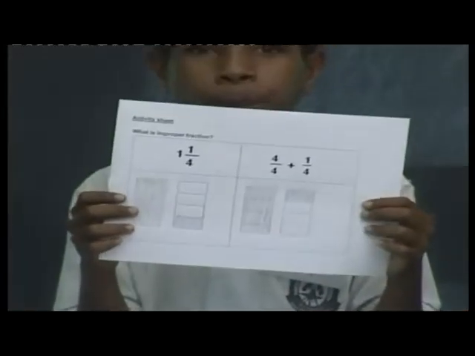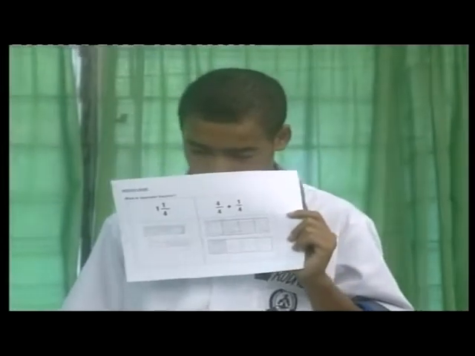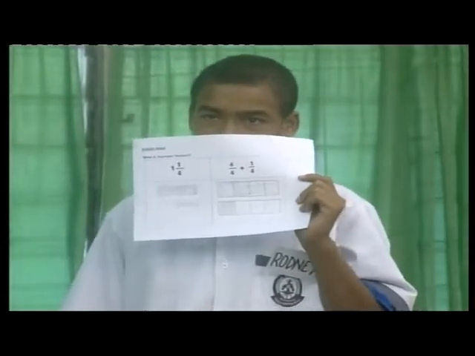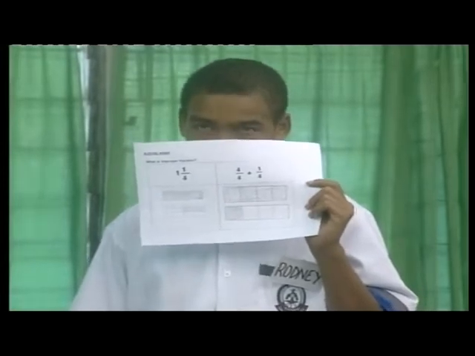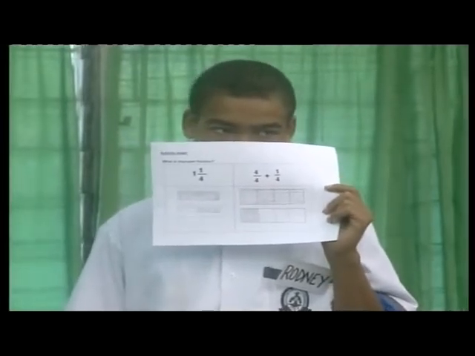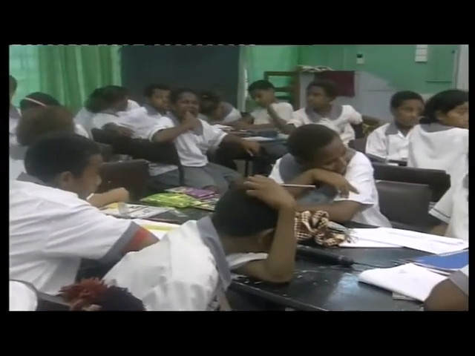So students, 4 over 4 plus 1/4, from the groups' work, you have seen it there. That's the diagram that you should have for the fraction 4 over 4 plus 1/4. Thank you, Rodney and Oa. You can take your seat.